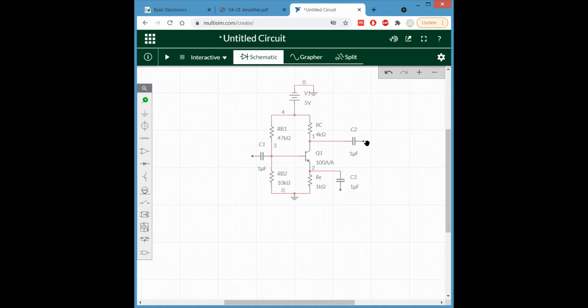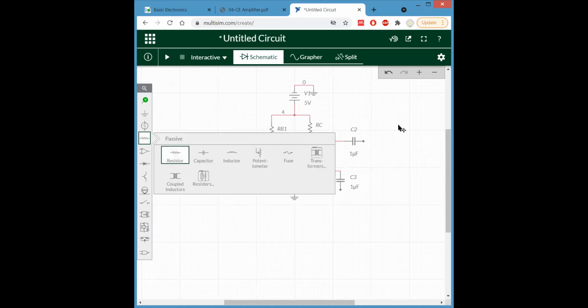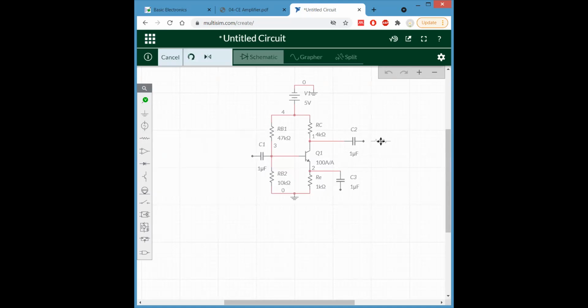In our case, we are going to use a load resistor, and in many other cases we can have different kinds of load, or maybe in the second stage we can have the same amplifier or a different amplifier. Let me make sure the circuit is correct.